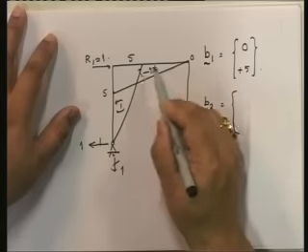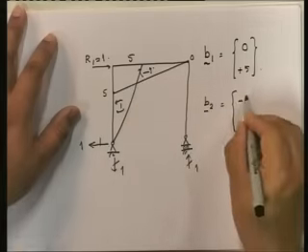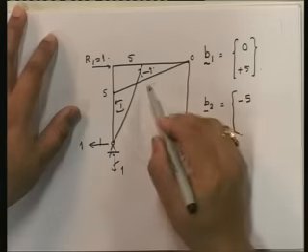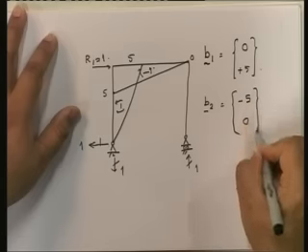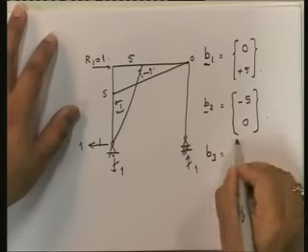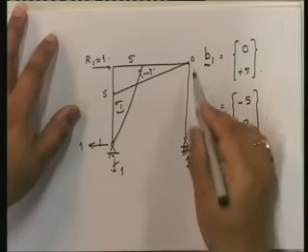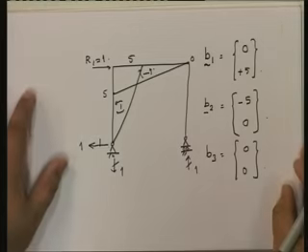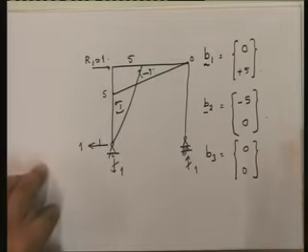It's clockwise, at this end it's clockwise 5, so this is minus 5. Here it's 0, so it's going to be 0. What about B3? B3 you will see is equal to 0, 0 because there is no moment at this end. So this is the first part for R1 equal to 1.